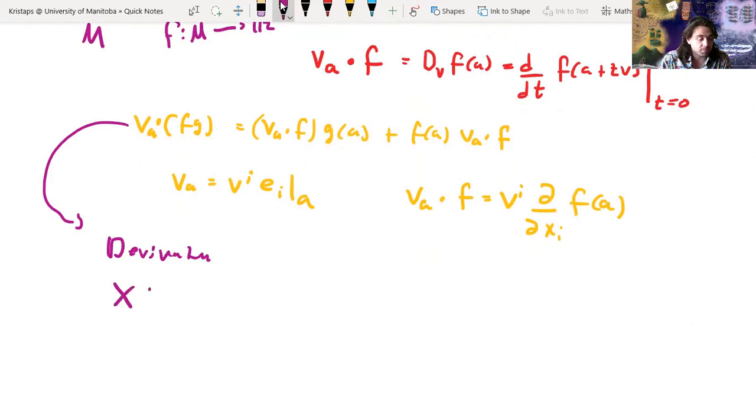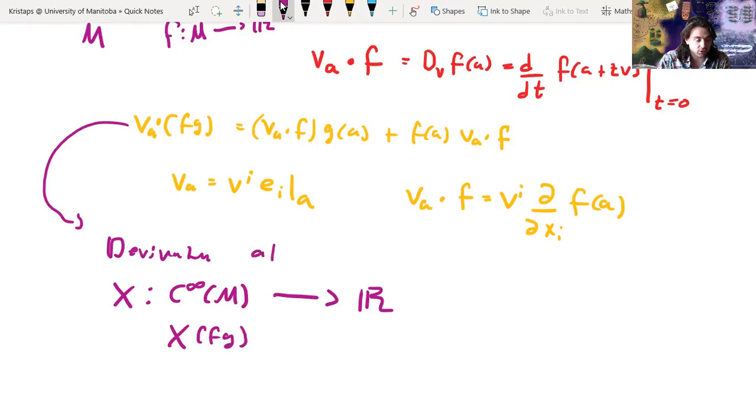A derivation is a linear map that goes from the smooth functions on your manifold into the real numbers, and such that it just obeys this. So a derivation at P, I should say, such that it obeys the same law. So it'll be X(fg) at A equals (Xf) at A times g at A plus f at A times (Xg).